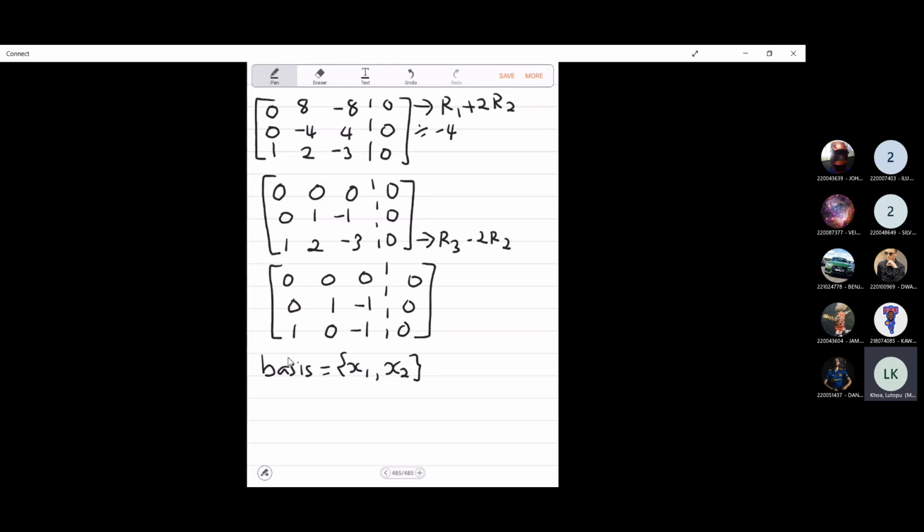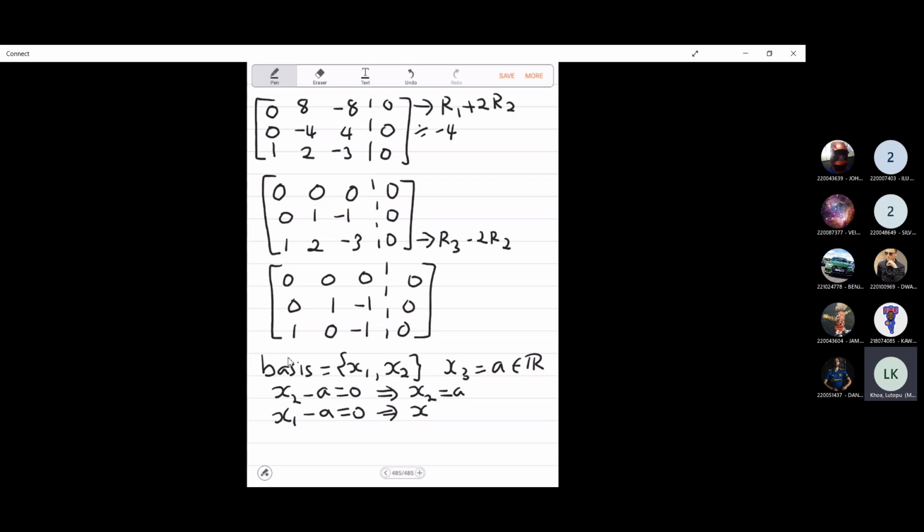So that's my basis. So then x3 is equal to a, which is a real number, and then I write x2 in terms of a. So I have x2 minus a is equal to 0. So this means x2 is equal to a. And then I have x1 minus a.